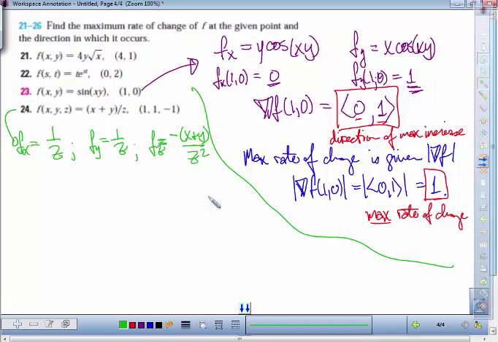So if we all agree that those are all correct, I hope they're correct, then we can move on. We have to put 1, 1, negative 1 in, so 1 in for x, 1 in for y, and negative 1 in for z. So we have f x. Let's just go ahead and jump to the gradient.